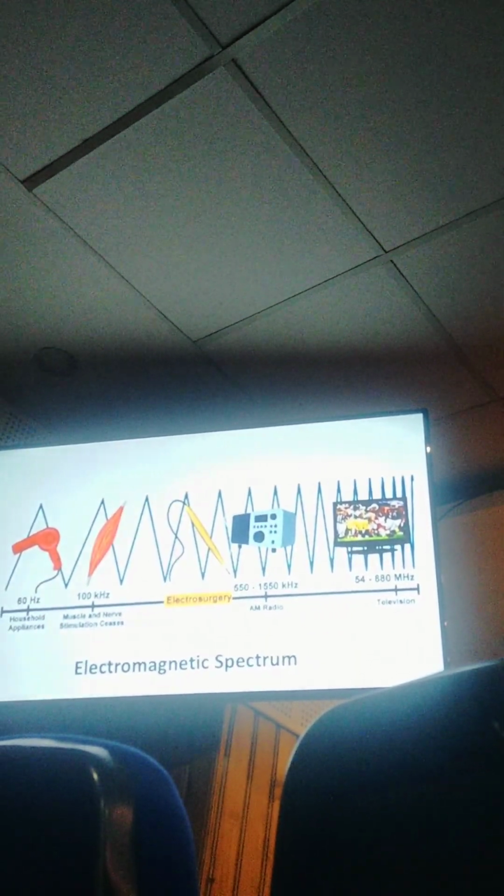So if the current is actually flowing through the patient, why is the patient not getting electrocuted? Or why is the person not having neuromuscular stimulation? That is because at this frequency, 500,000 Hz, there is no neuromuscular stimulation.